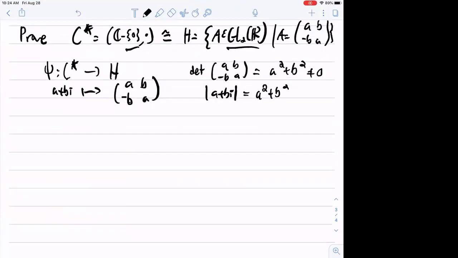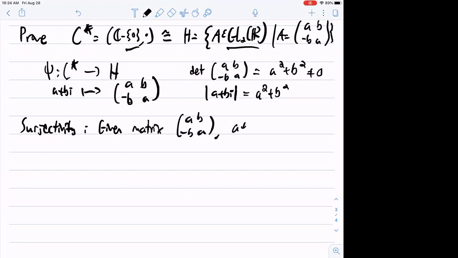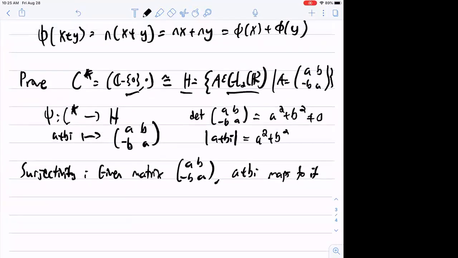Okay. So surjectivity should be clear, right? Given a matrix [a, b; -b, a], a plus bi maps to it, because everything in H is of this form.